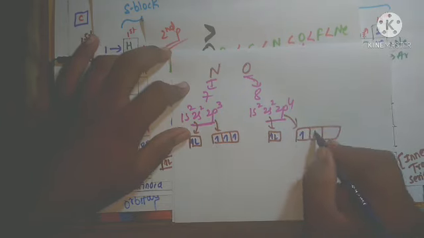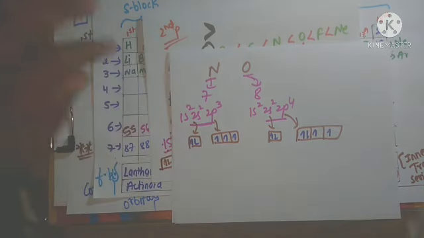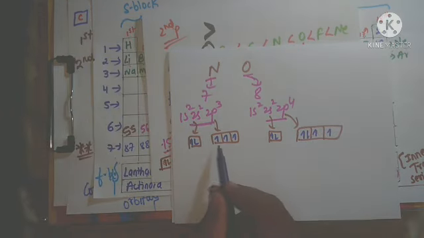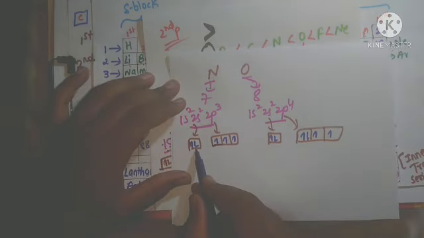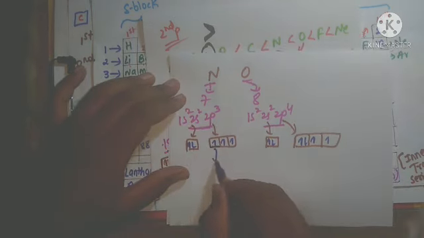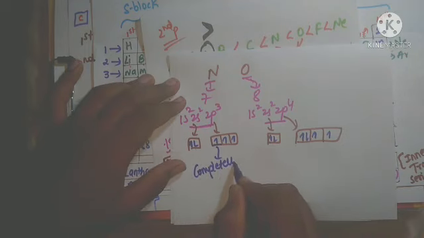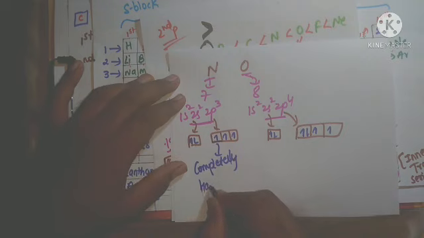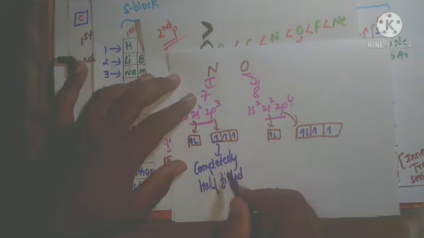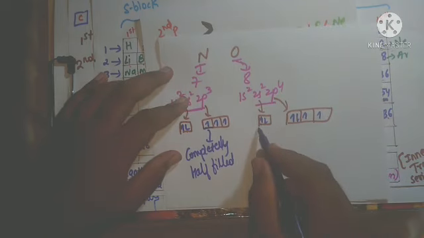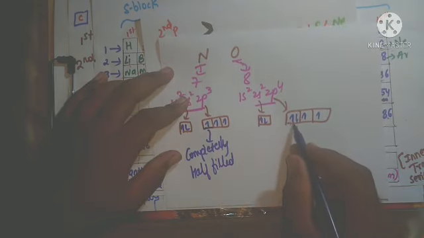2p, how many? 4. 1, 2, 3, 4. Now just to check. Here this is completely half-filled. Here the 2p orbital is completely half-filled. 2s is completely fulfilled. Now just check. Here it is completely half-filled. The orbitals in the nitrogen atom are completely half-filled, whereas in the oxygen there is no completely half-filled or completely fulfilled orbital.